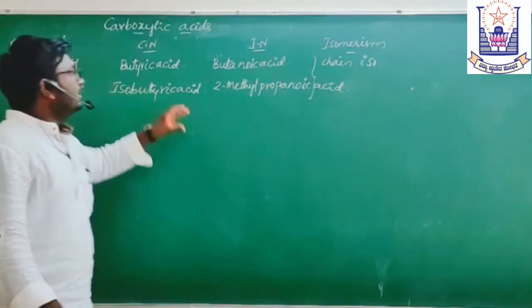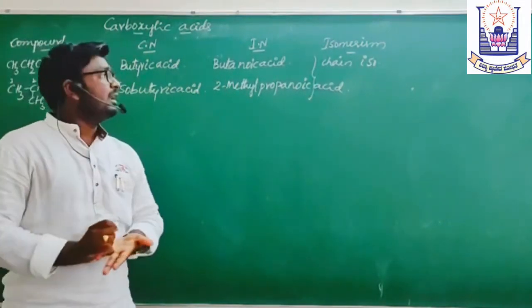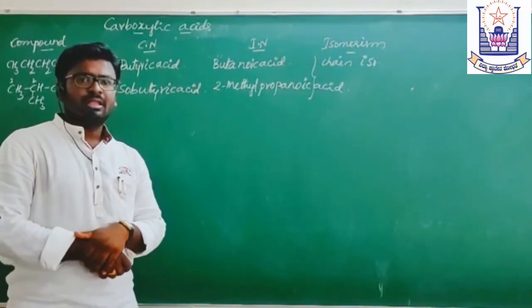Butanoic acid and 2-methyl propanoic acid are isomers. And what kind of isomers? Chain isomers.